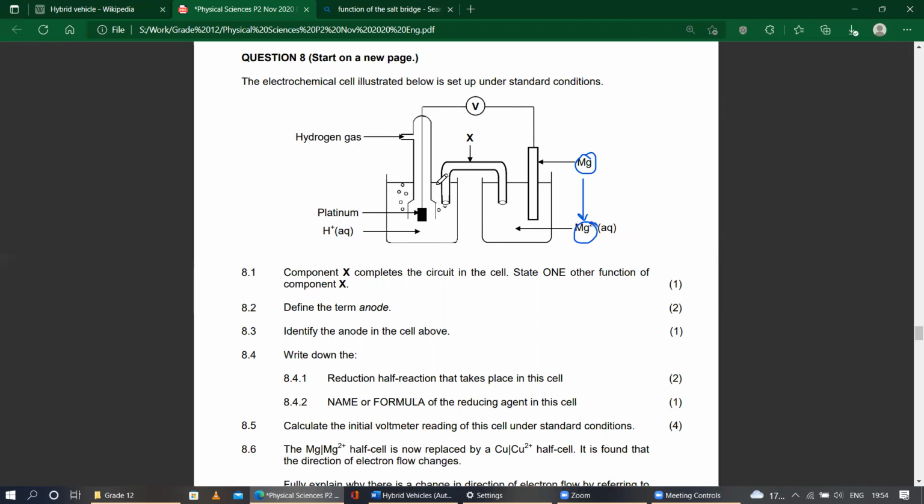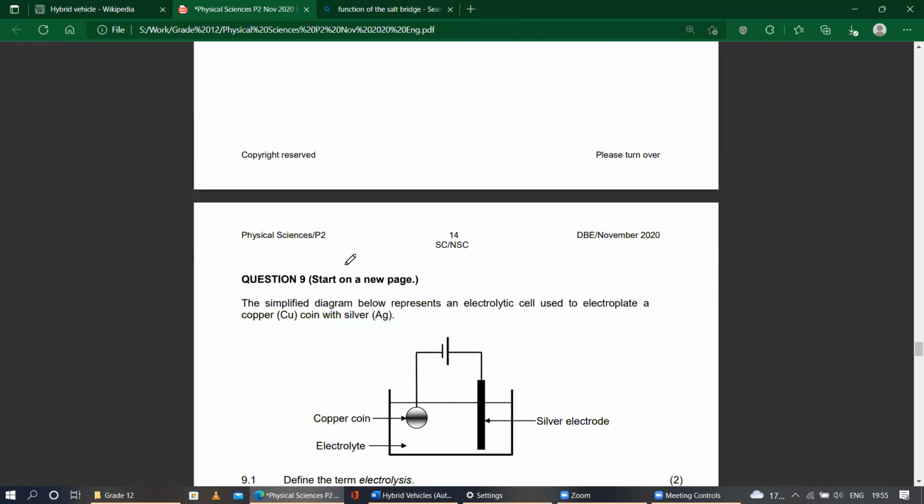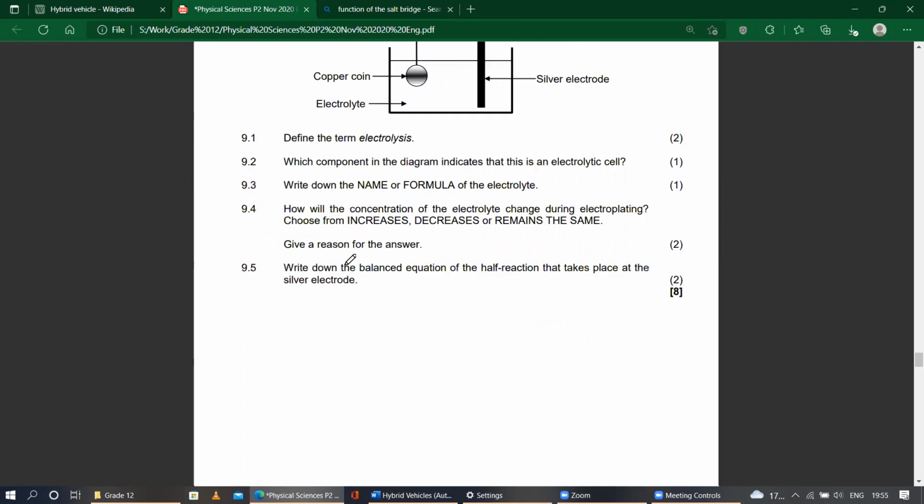Yes, sir. Okay. So they say write down the half reaction that takes place in this cell. For the reduction half reaction, you have to look at the one that is reduced.